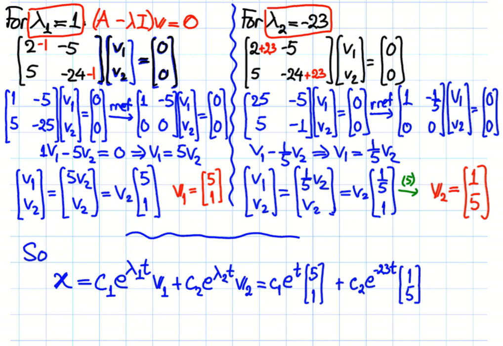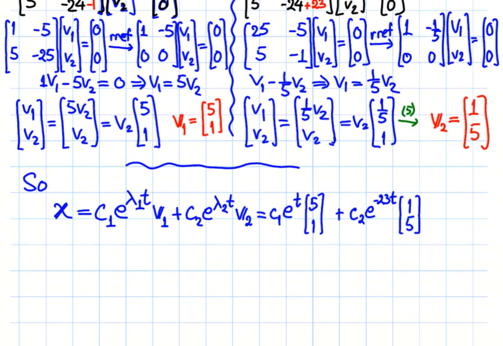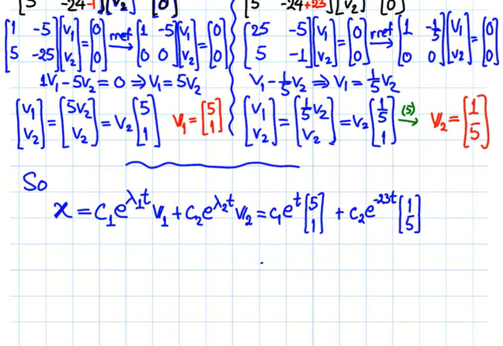We can leave the answer in that vector form, or we can multiply it out and combine them. So we multiply C1 e to the t on the top. We have 5 C1 e to the t on the top, and C1 e to the t at the bottom, plus C2 e to negative 23t on the top, and 5 C2 e to negative 23t at the bottom.